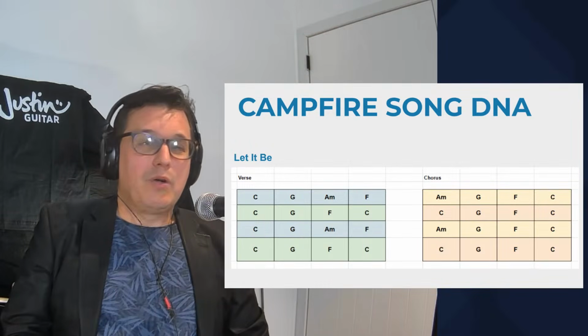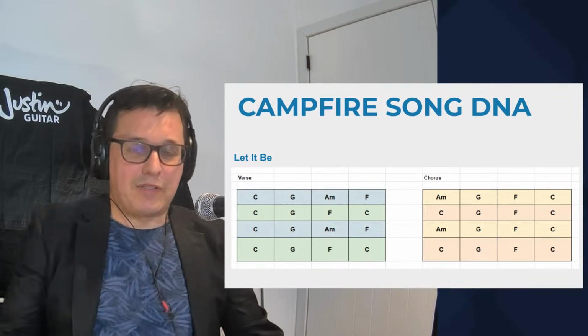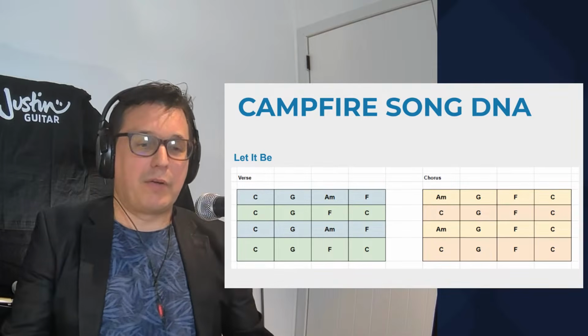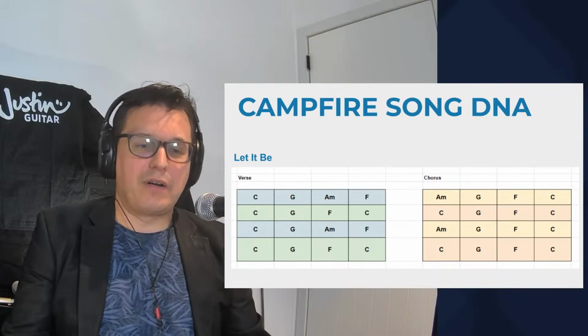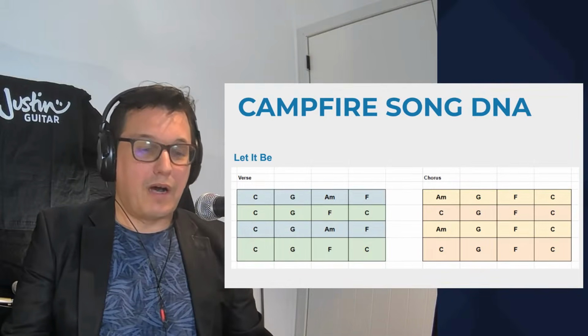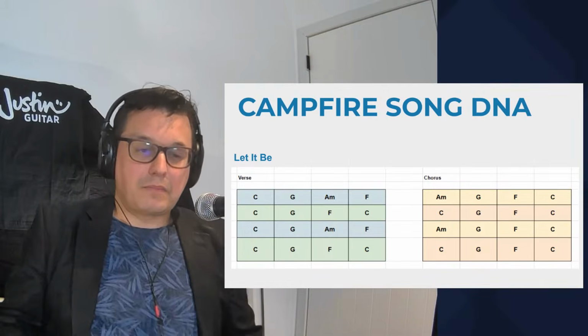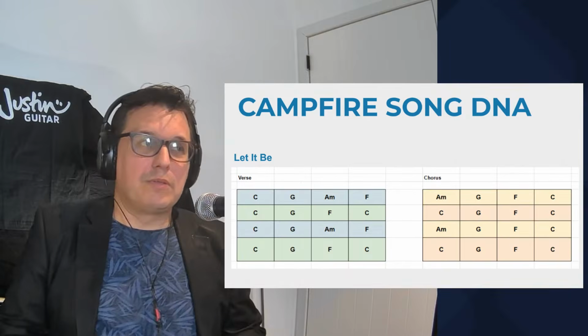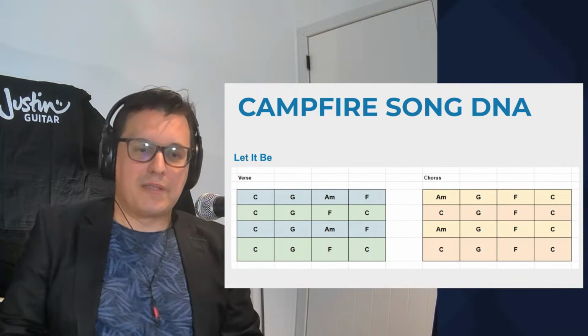So when we go through the DNA of our campfire song, let's say our green block was our verse, our yellow block was our chorus, you can start to take that apart in a bit smaller pieces as well.